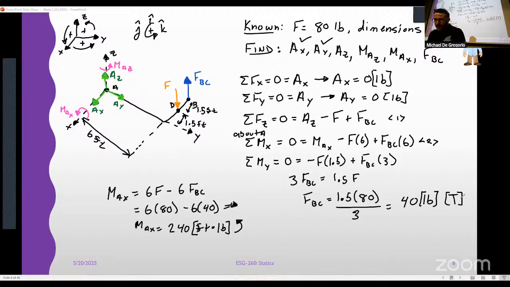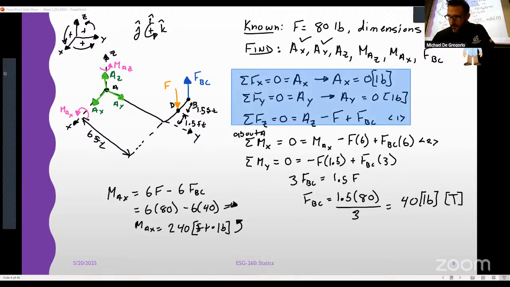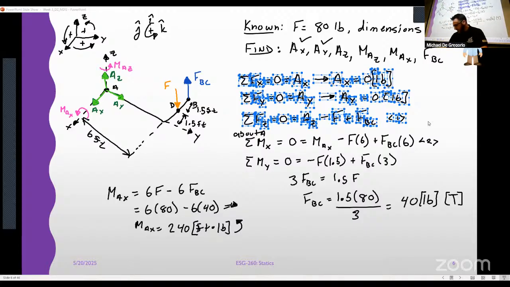Okay, so the only other thing we have left is MAZ, and we only have one equation left, which is the sum of the moments about the z-axis. This one's pretty, so I'm going to have to clear some room here. I'll take my force equations out for a second.